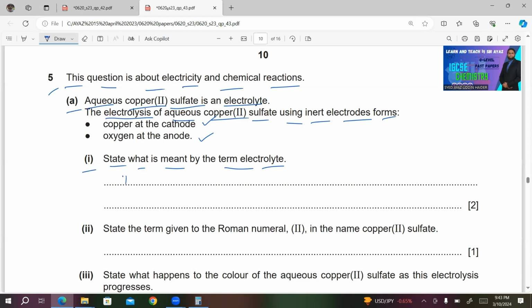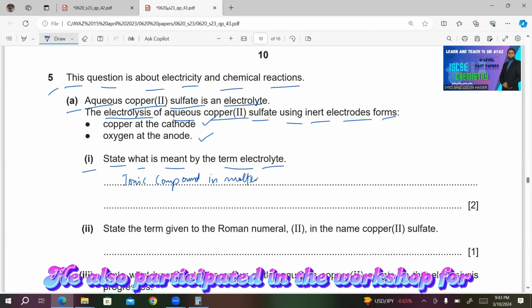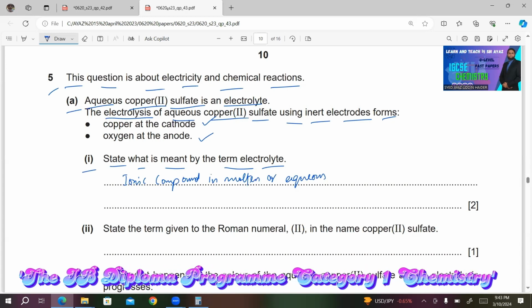So you write ionic compound in molten or aqueous. Conducts electricity.